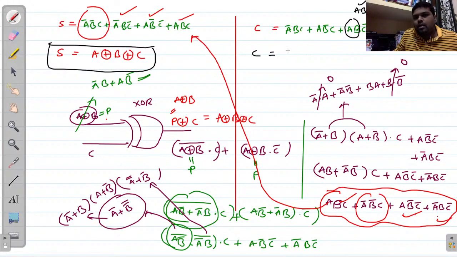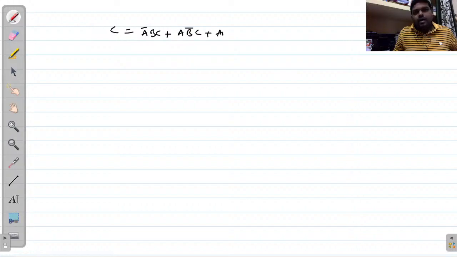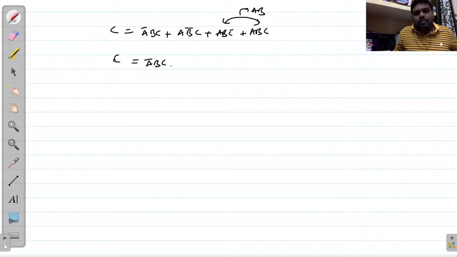Now carry C equals A bar BC plus A B bar C and A B C bar plus A B C. From these two terms, I am getting AB. Now carry C equals A bar BC plus A B bar C plus AB.